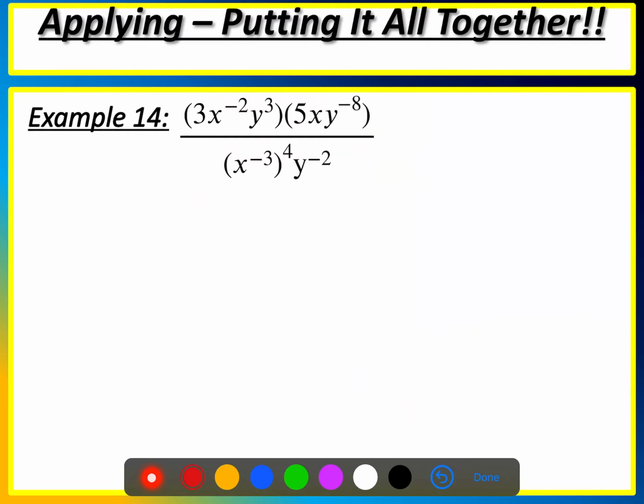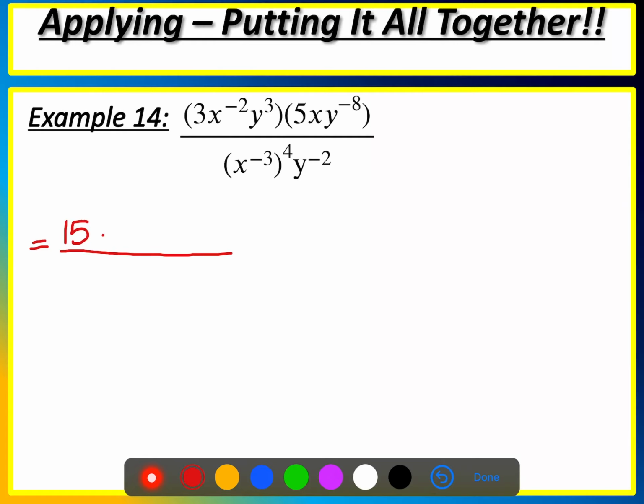All right, this has a lot going on. So in the numerator, I have 2 sets of parentheses, okay, but there's no power to a power. So I'm going to go ahead and multiply them together, okay? Even though I have negative exponents, I'm going to take care of that in the coming steps.